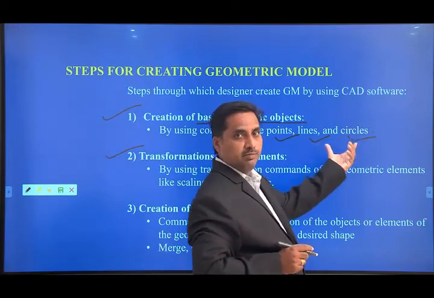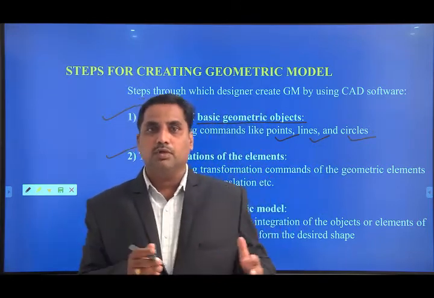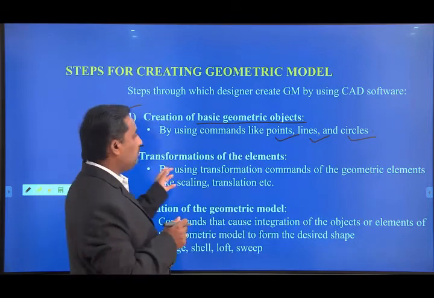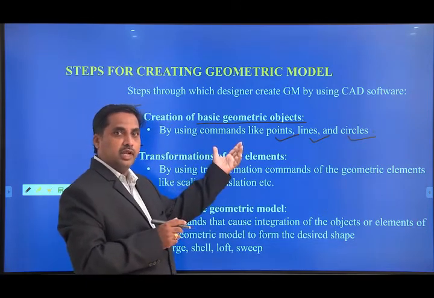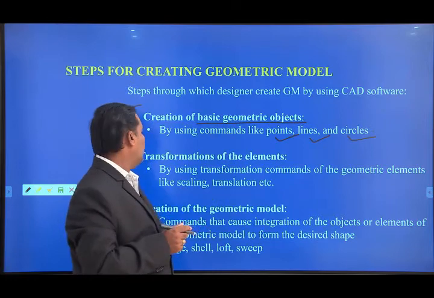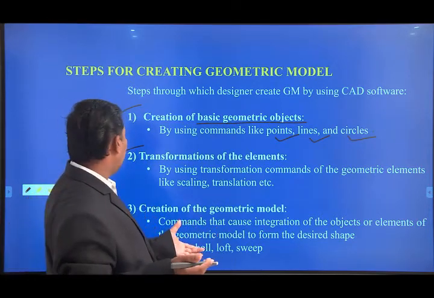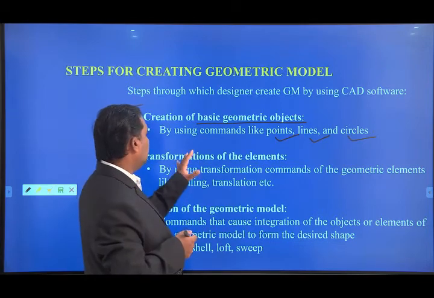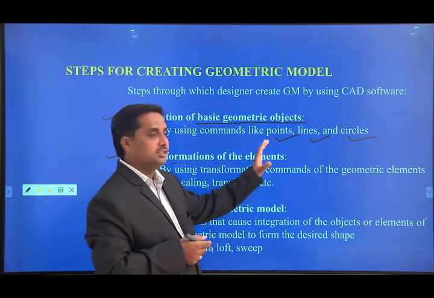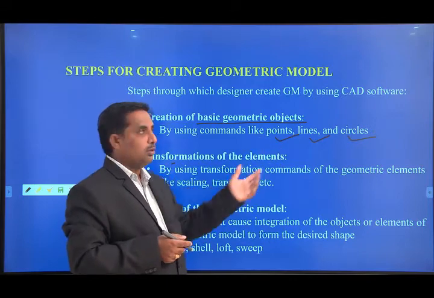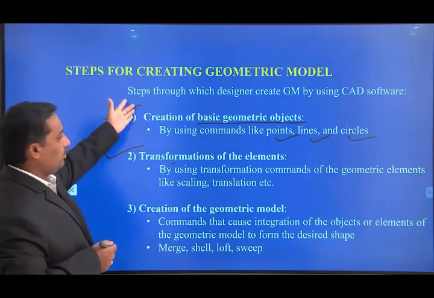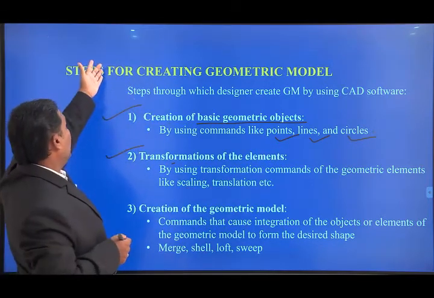Next one, transformation of the elements. After creating these elements, what do we have to do? We have to translate, rotate, scale, reflect and project them. That is what is called transformation of the created elements. Suppose one element is here, another element is here on the screen, and another is there.